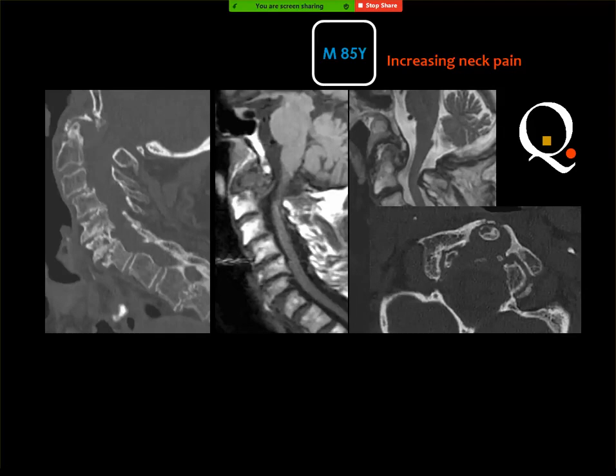Rheumatoid arthritis. Rheumatoid is a very good possibility. Other possibilities? It can be metastasis, lymphoma, for example. These are all possibilities.